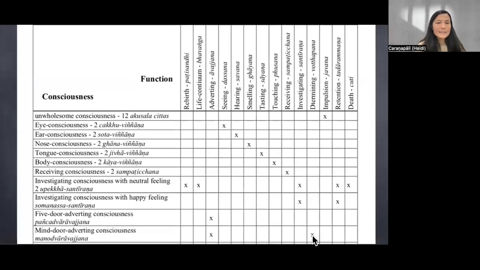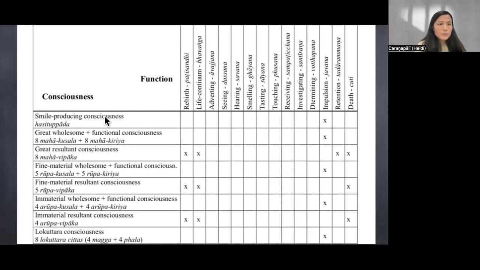If it arises in a mind-door process, it performs the mind-door averting function. If this same type of consciousness arises in a 5-door mental process, then it performs the determining function. Okay, so it can perform 2 functions. All right, so let's continue with the list.